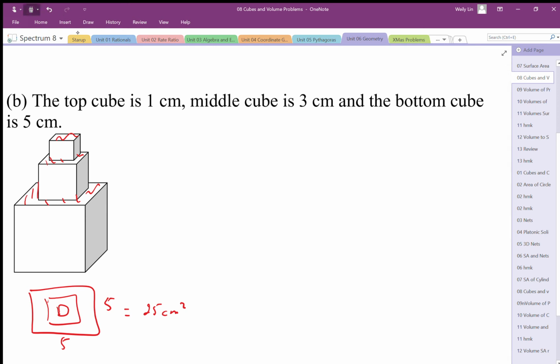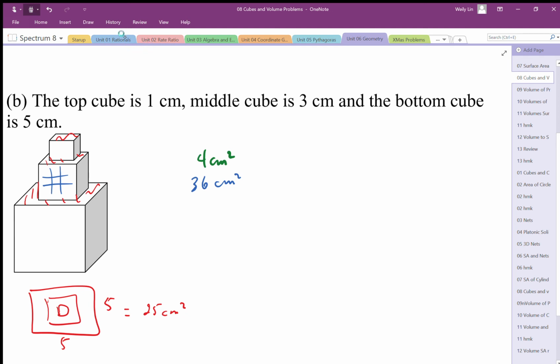So the top one, I know that it's a 1 cube, so there's going to be 4 centimeter squares there. Okay, so the middle one, I'll do it in blue. This one is 3 by 3, so there's 9 squares on there, and 4 surfaces of that, so I'm going to get 36 centimeter squares. The bottom one, let me choose a color here.